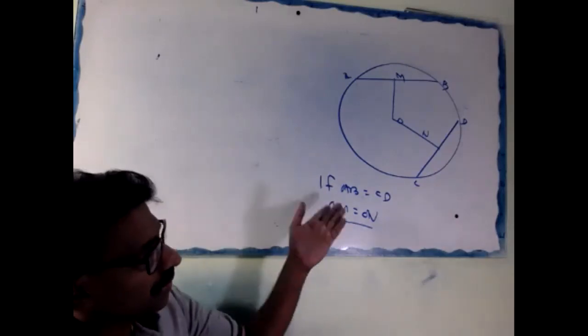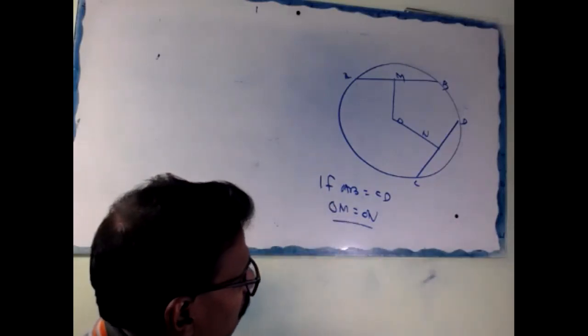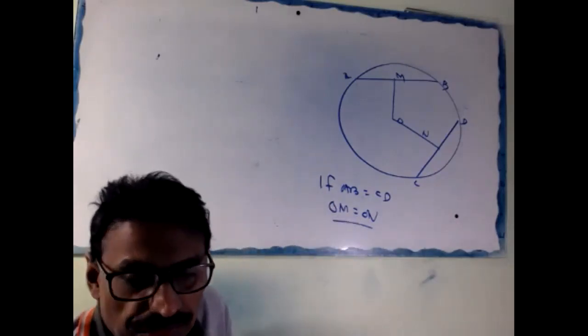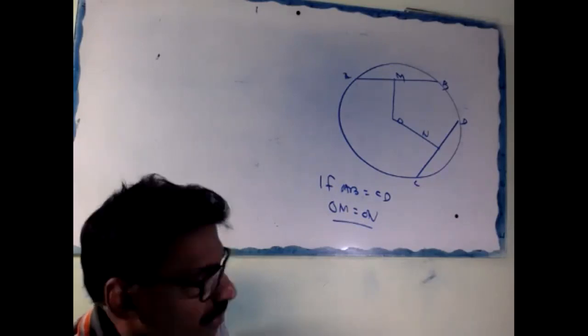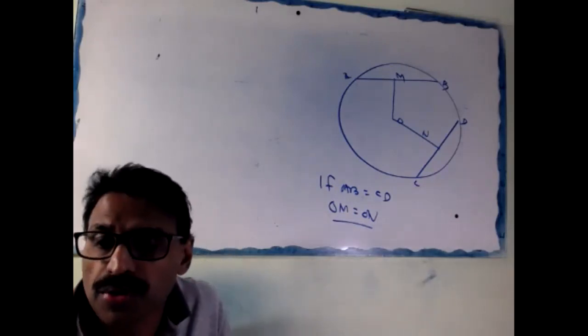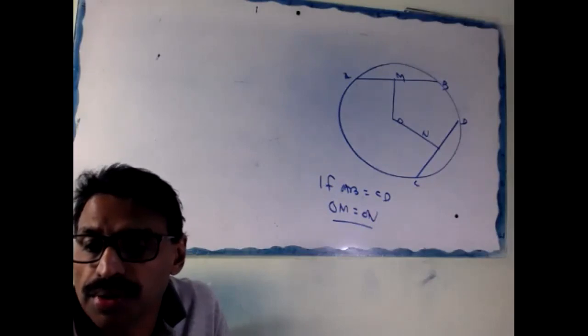Now look. If AB equal to CD, then OM equal to ON.